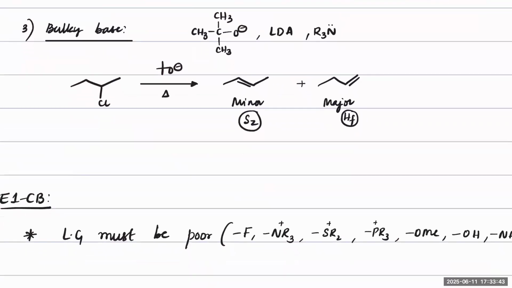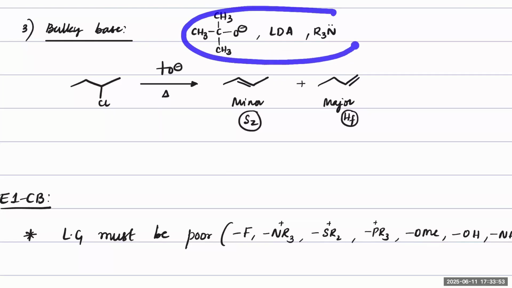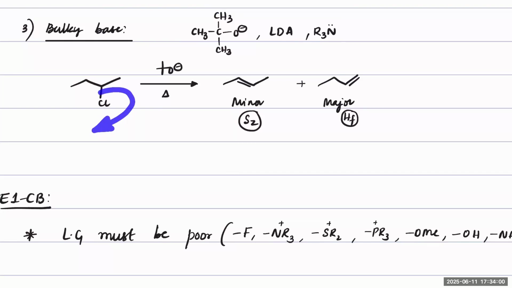See the third case. The third case is when the base itself is very bulky, like tert-butoxide, LDA, trimethylamine. These are very bulky bases. Now, for such bulky bases, if you try to remove chlorine and a hydrogen from here, you will get a double bond here.